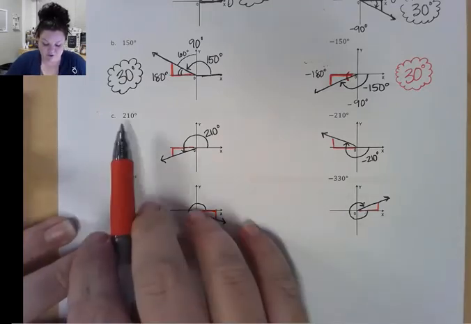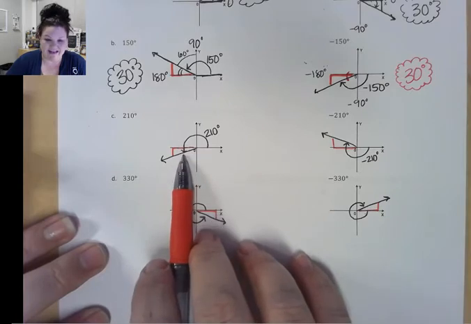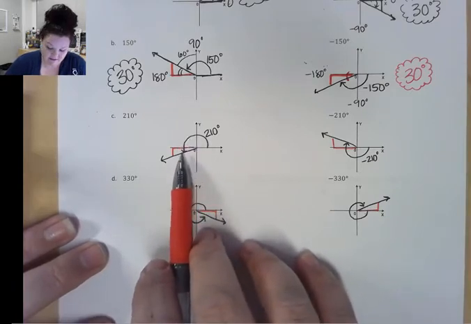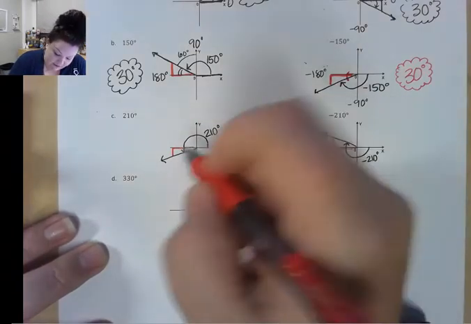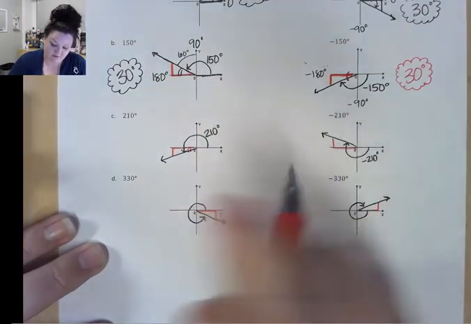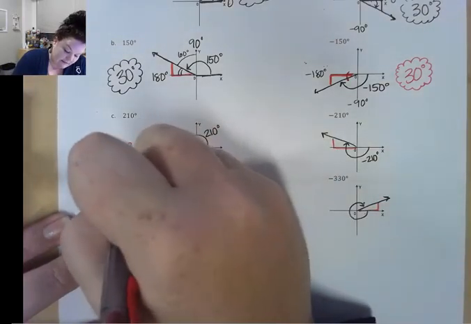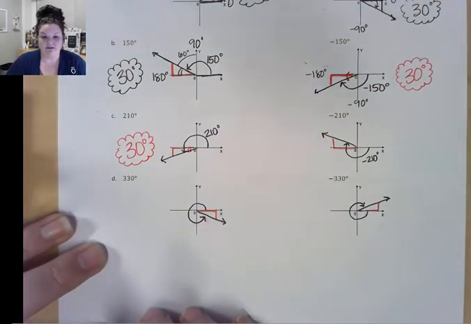So 210 is going to go past 180, and it's actually 30 degrees past 180. So here's how I draw my angle in standard position. And then looking at this little triangle that I've created, since I'm 30 degrees past 180, this also has a reference angle of 30 degrees, right?